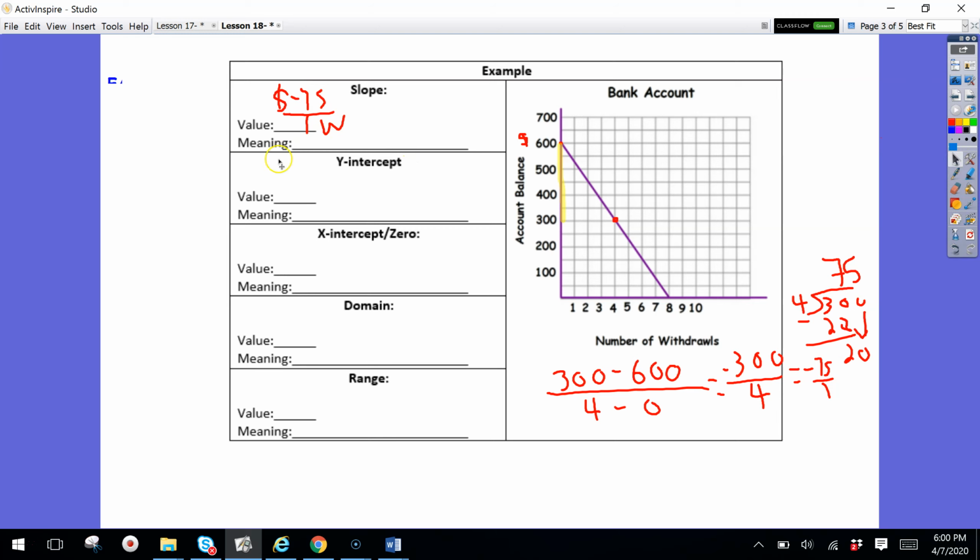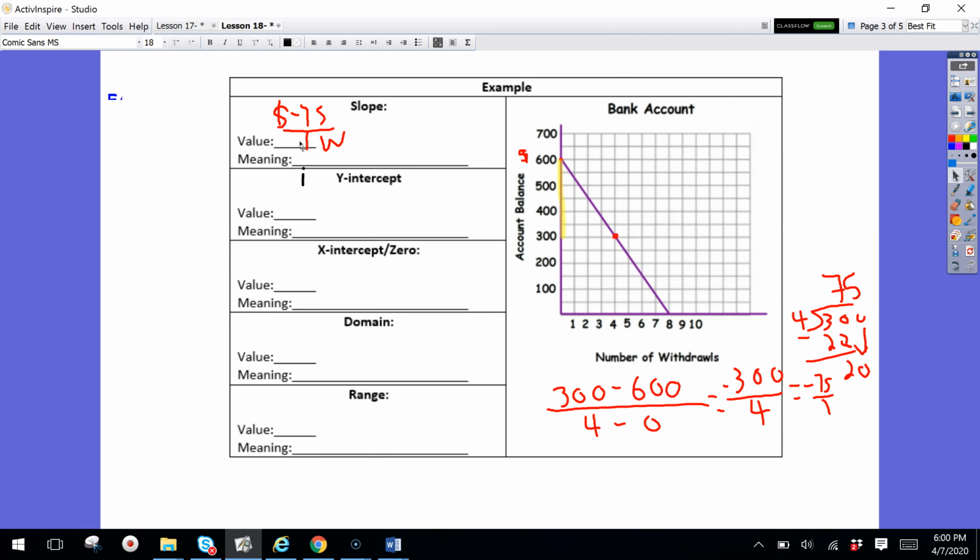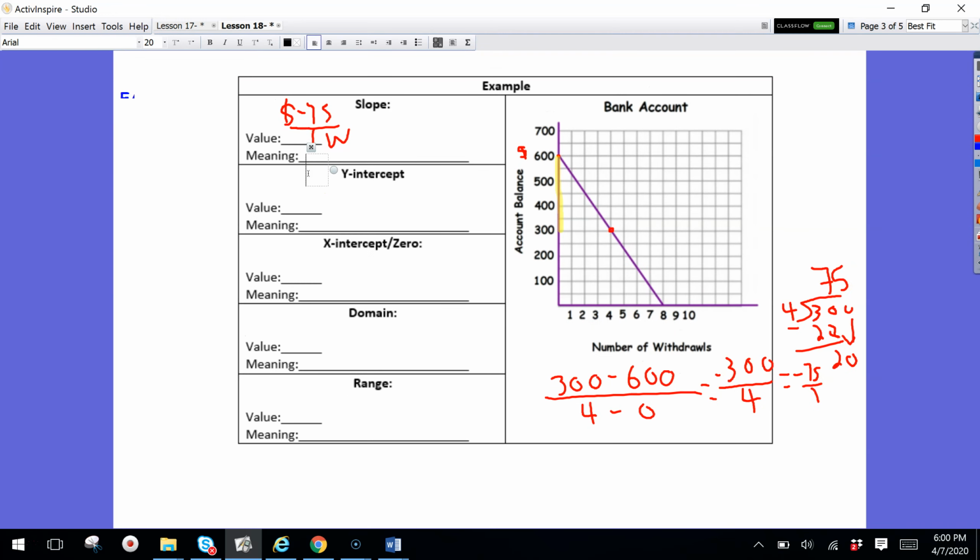Let's type that out instead: we are losing $75 each withdrawal. This is kind of a sad situation because we're getting money taken away.